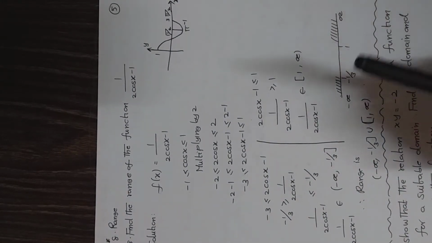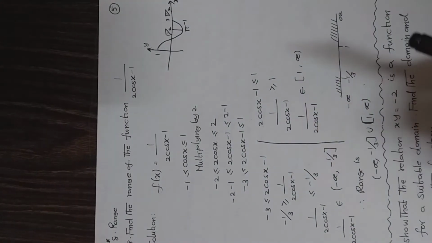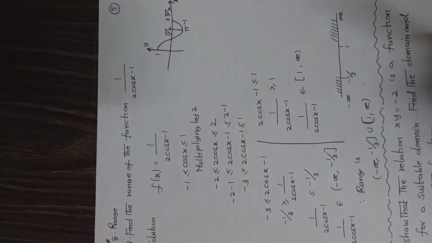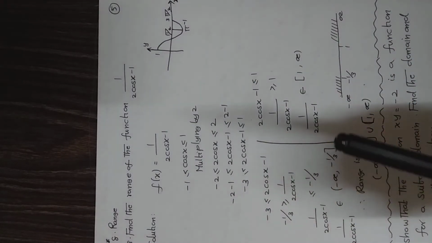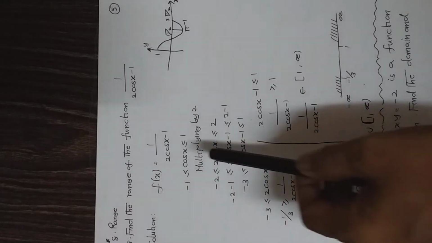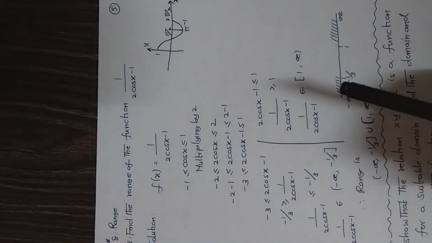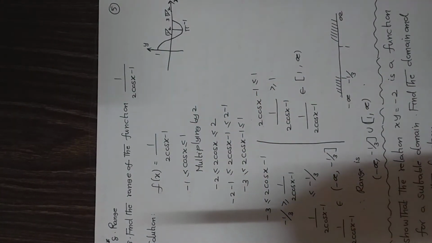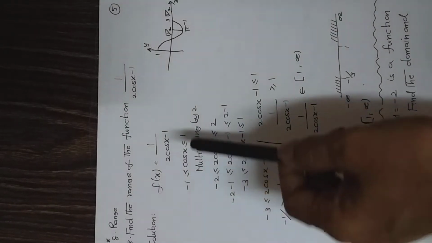Now generally the output of cos x lies between minus 1 and 1, because whatever angle x value is given, the value lies in between minus 1 and 1 only.